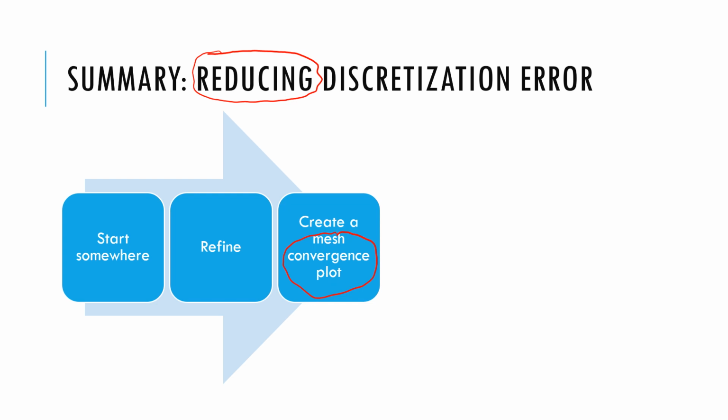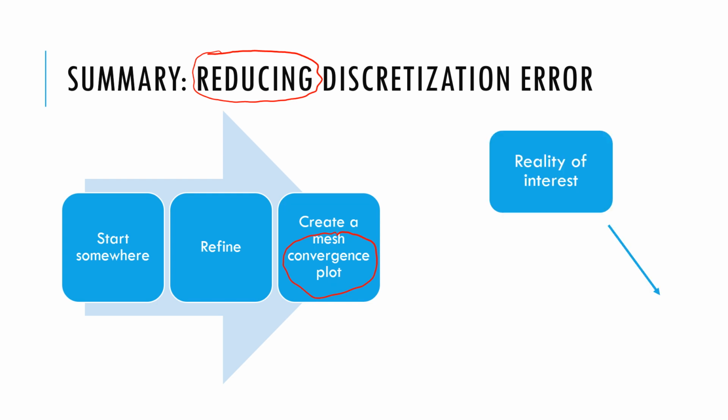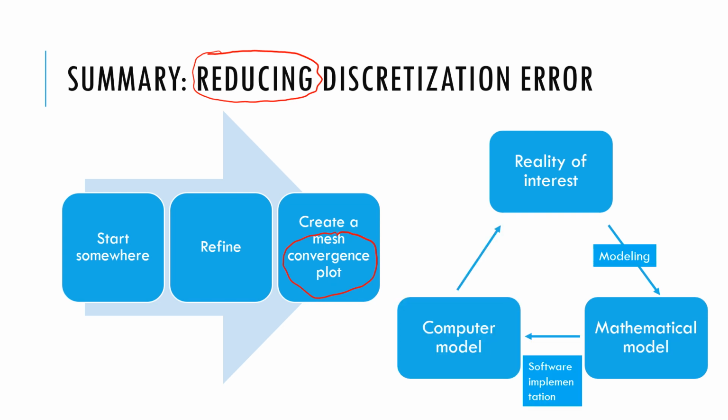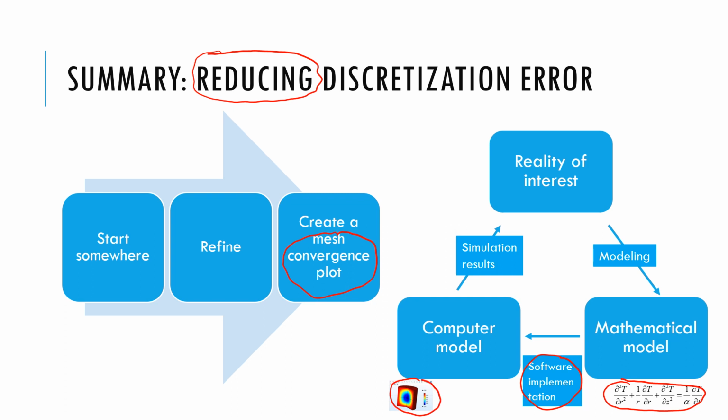In the big picture of things, we are developing a model where a reality of interest is replaced by a set of governing equations, and then we are solving the governing equations using some sort of software in a computer to get plots like this.